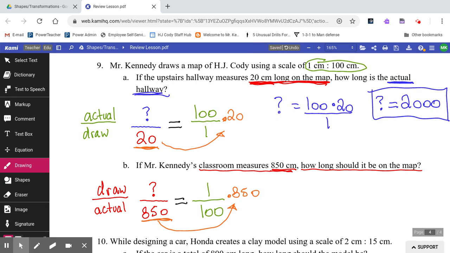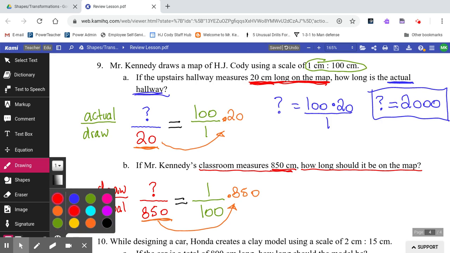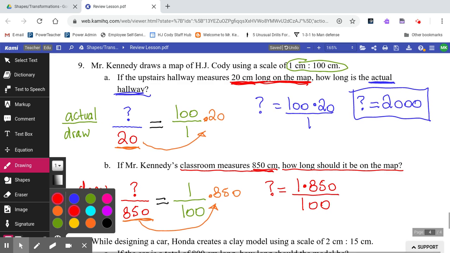This gives me question mark equals 1 times 850 divided by 100. If I put that in my calculator, 1 times 850 divided by 100 would be 8.5 centimeters.